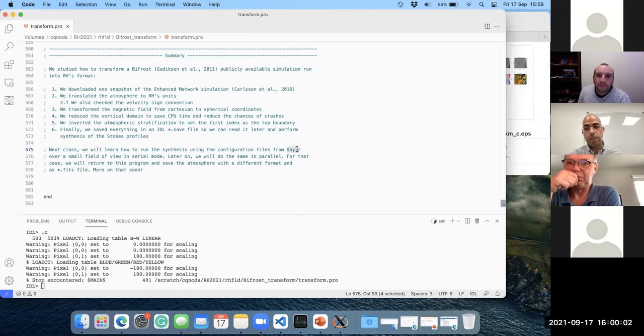But it's a different task and also requires a proper computer, mainly because memory is shared in RH. Yes, shared. Depending on the number of wavelength points, you may need between 1 and 1.5 terabytes of RAM.